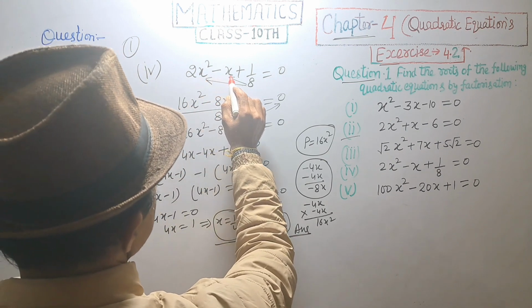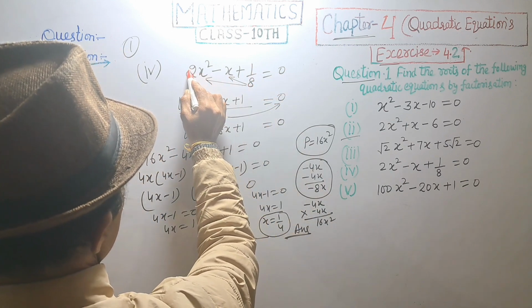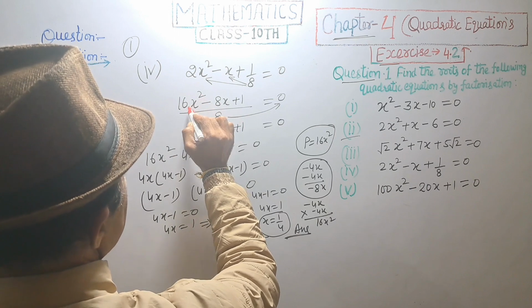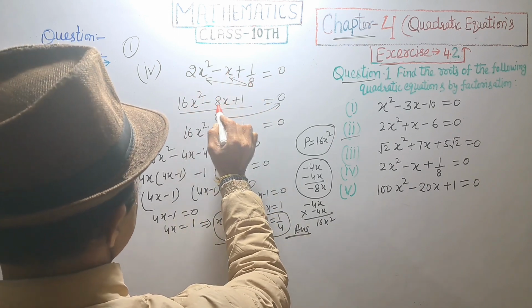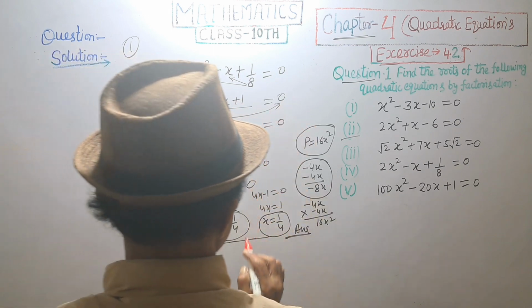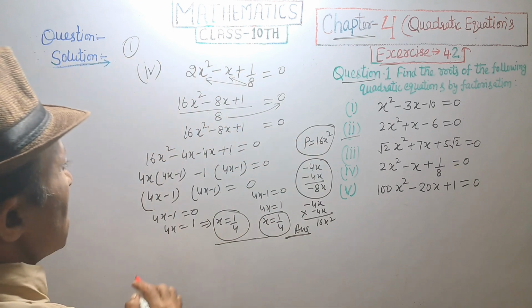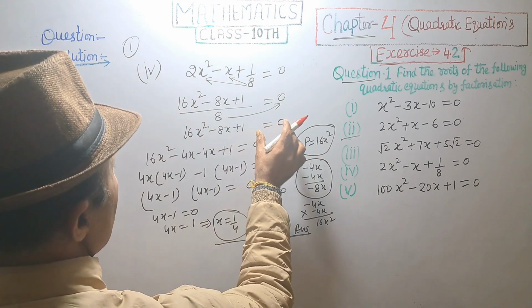Given 2x² minus x plus 1 by 8 equal to 0, 8 multiplied by 2x² is 16x². 8 into x is minus 8x plus 1 upon 8 equal to 0. 8 is directly multiplied by 0, that will be 0, and 16x² minus 8x plus 1 equal to 0.